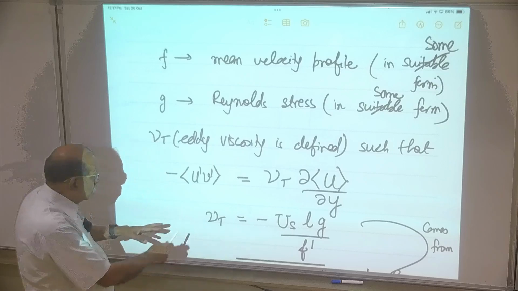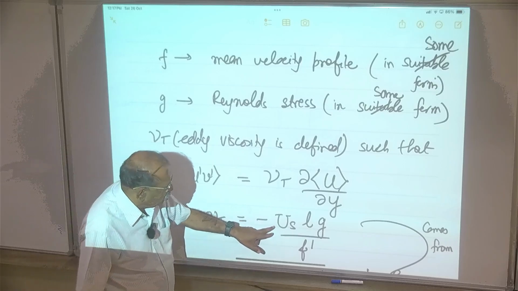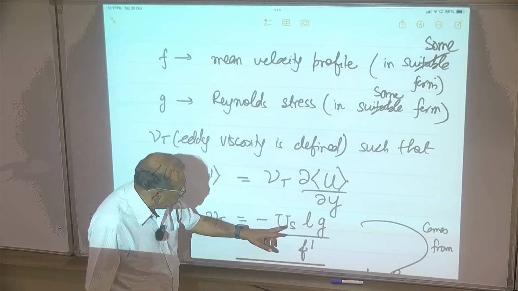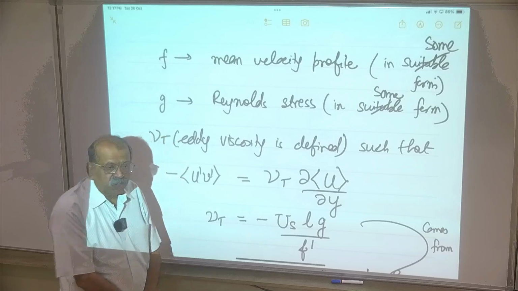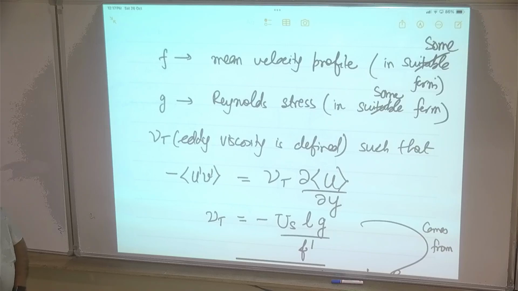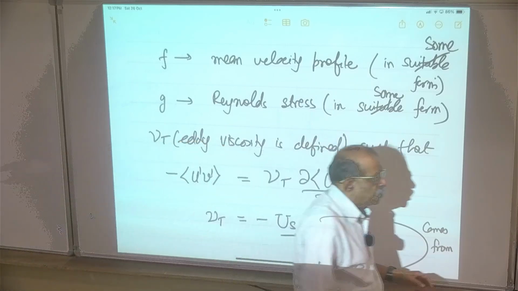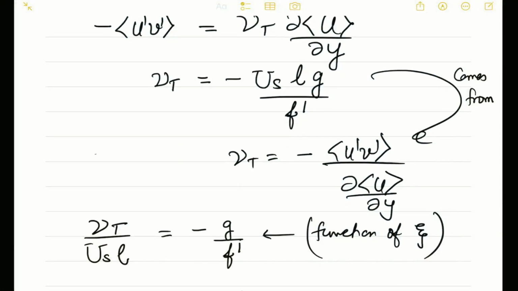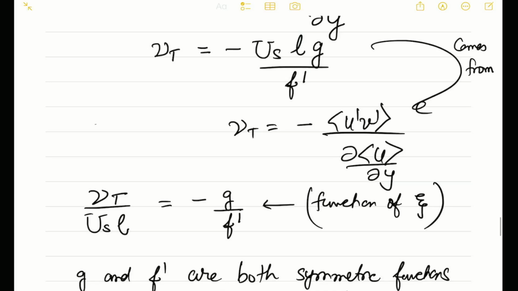So when I put all these, I get nu t is equal to minus us L g upon f prime. And us times L we know is a constant. Okay, and so we put eddy viscosity is a constant, and this in fact I told you how this comes from is using this definition.